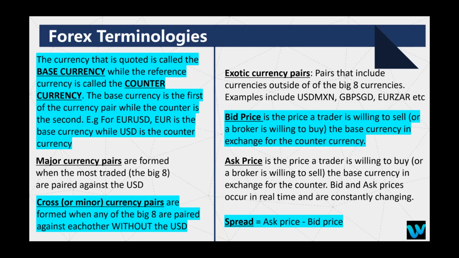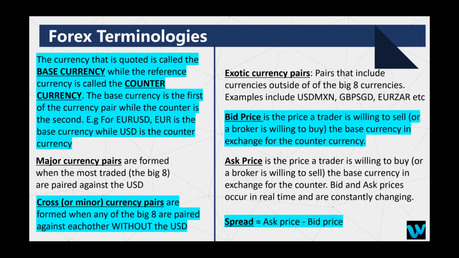Now we have what we call the major currencies, which we're going to talk about on the next slide: the major currencies and the major currency pairs. The major currencies are formed when the most traded appear against the US dollar. I'm going to explain this later, because I think we need something graphical, not just words.